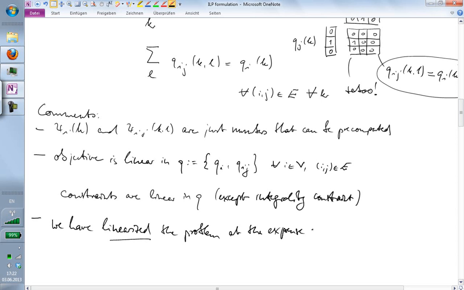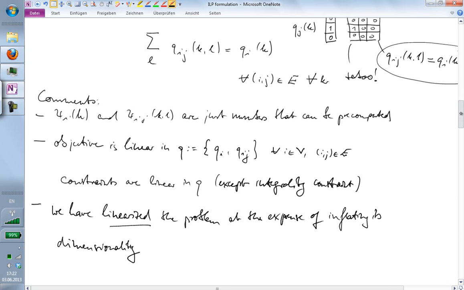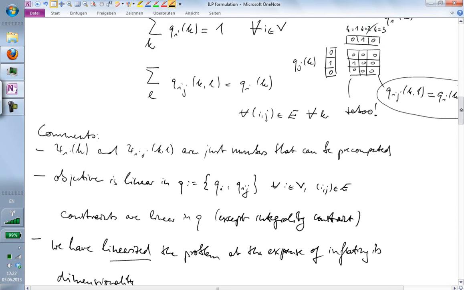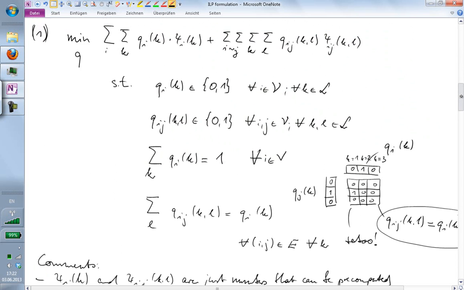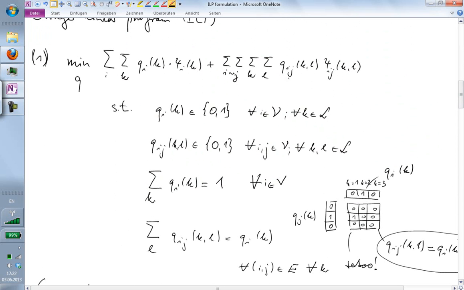This linearization came at the expense of inflating its dimensionality, because for each pairwise factor, I have introduced a set of variables indexed by i and j.